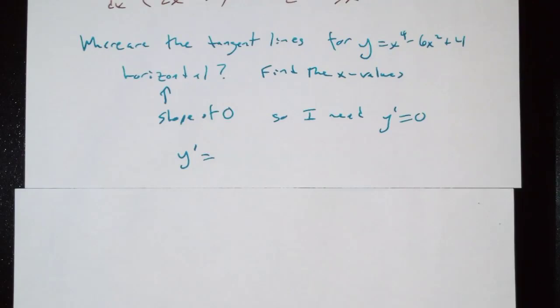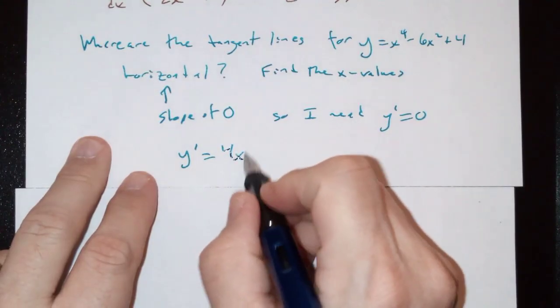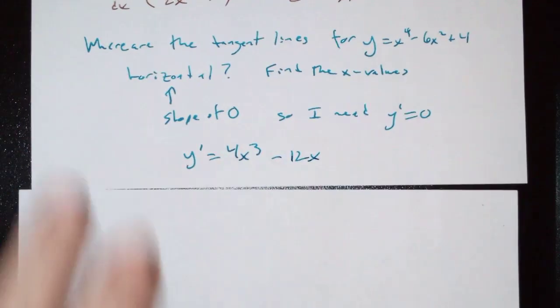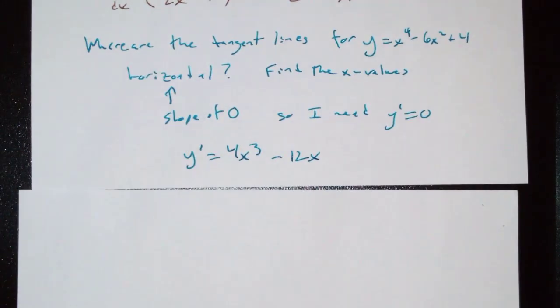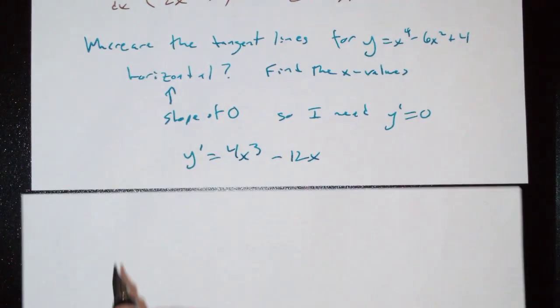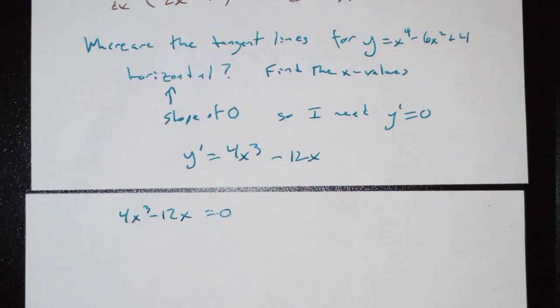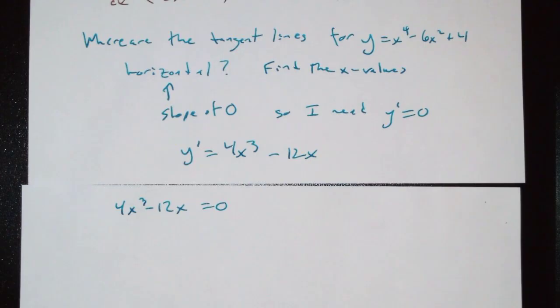Derivative of x to the 4th. 6 times 2x is 12x. Great. So I'm going to take that, I'm going to set it equal to 0. Now what?